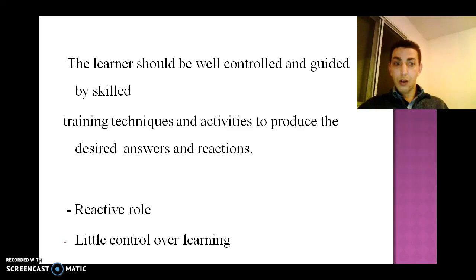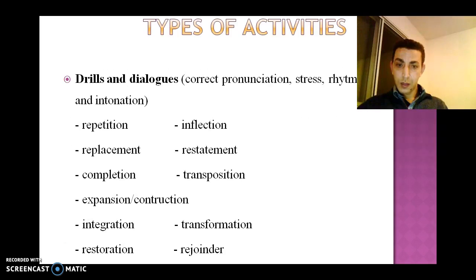Here, the learner has no role, just receives. No creativity, no autonomy. So just should receive and react in the same way. Types of activities.